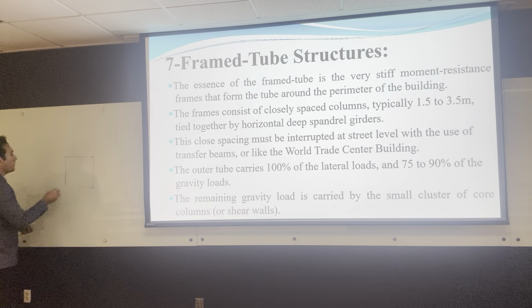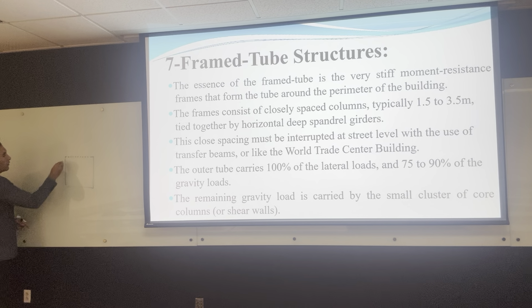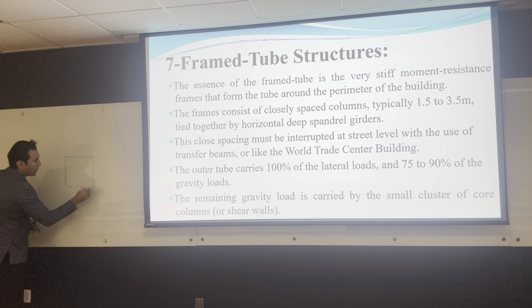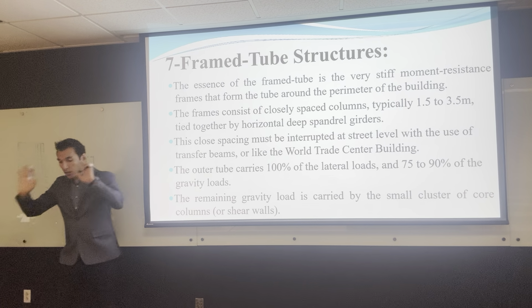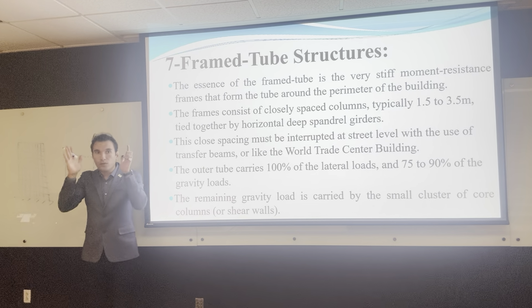When you look at this building at the end, let's say columns here, here, here. When you look at the side view, it's going to be something like this, just like a shear wall, the whole front of the building, and it has some holes for the windows.